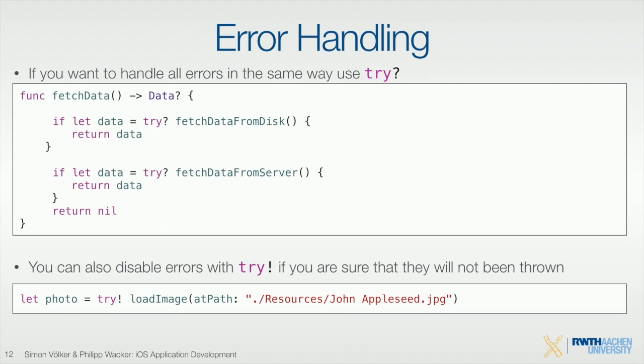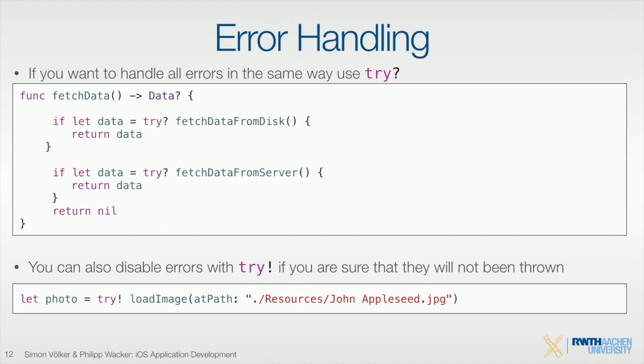However, you can also force a try function. With this option, you can actually disable the throw and catch mechanism. What happens here is I'm saying, okay, I'm going to load an image, and I'm forcing that option. If the image is not there, the application will crash. However, if you really know that the image is there, you can prevent the error handling and be a little bit more optimized.